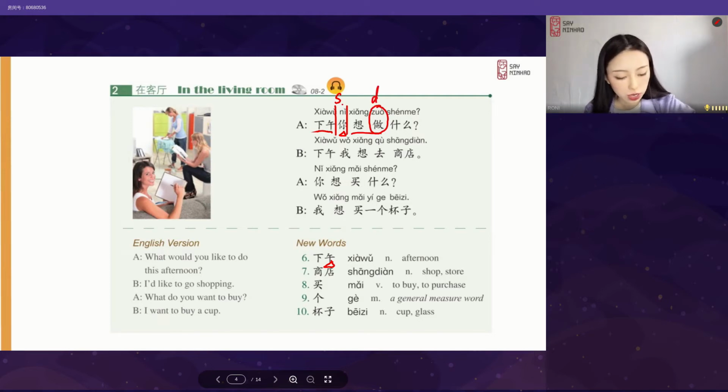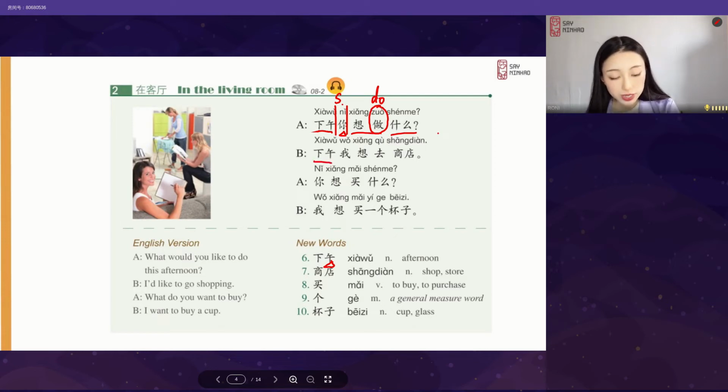So 想做 is want to do, and 什么 is an interrogative pronoun, which means what. So this sentence means: what would you like to do in the afternoon?